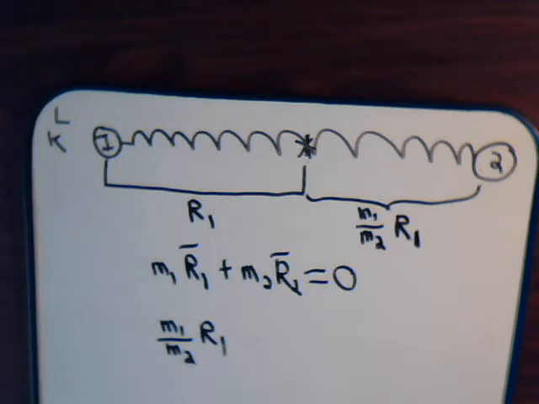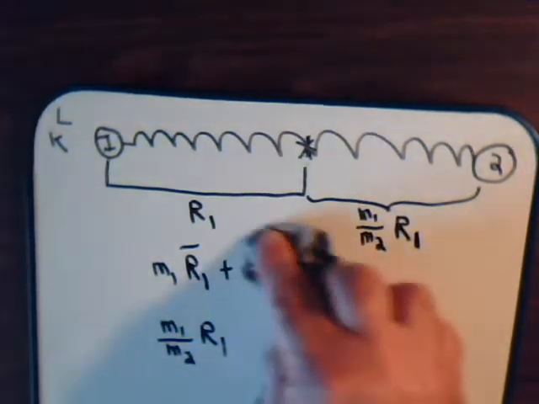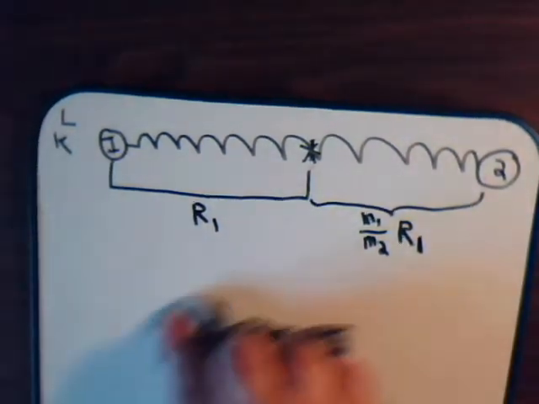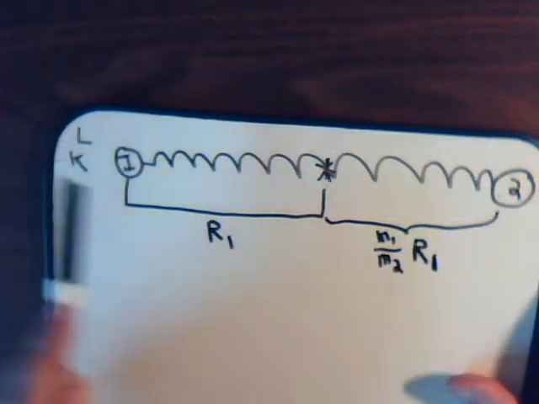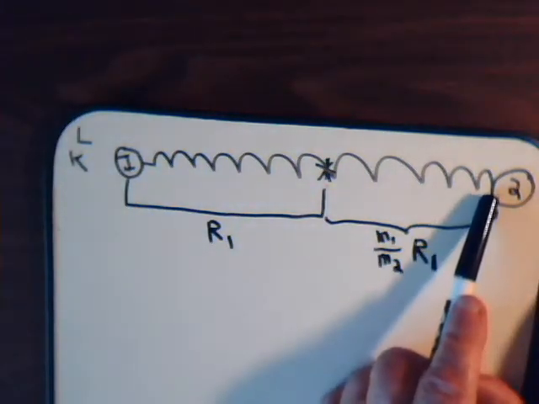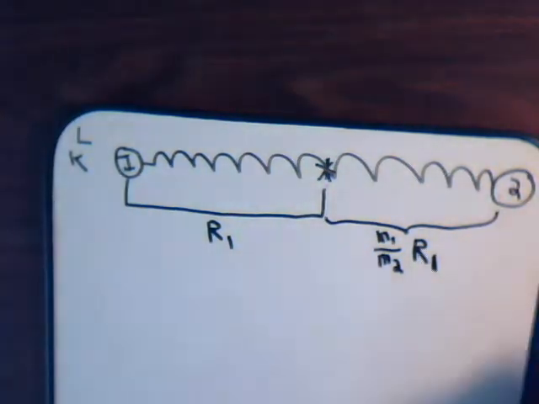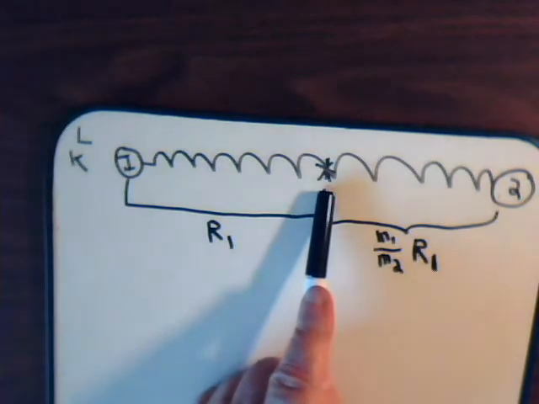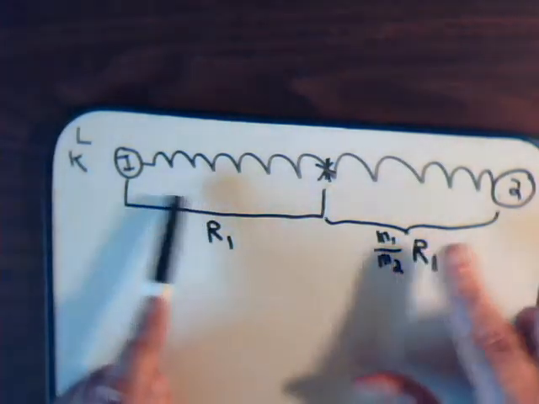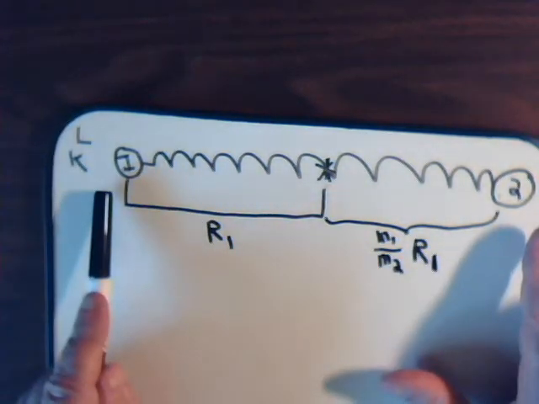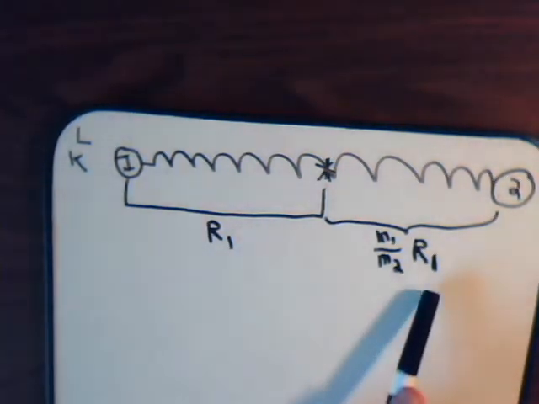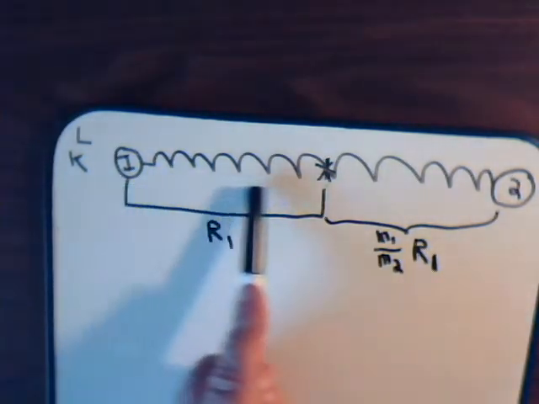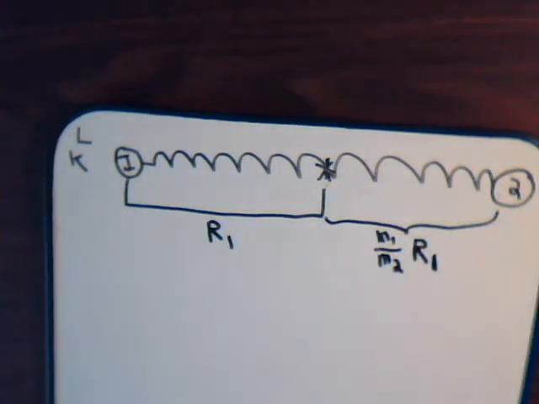So we're looking at our system now as not just a single spring that has a length of big L, and this single spring has a spring constant of K, but because the center of mass doesn't change position as these blocks oscillate back and forth, now we're thinking of it as two smaller springs, one with this length and one with this length, coupled together in series.